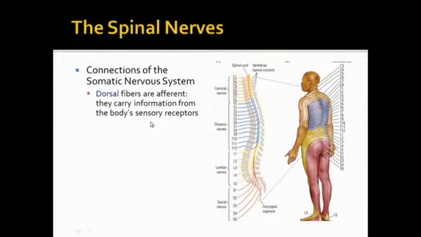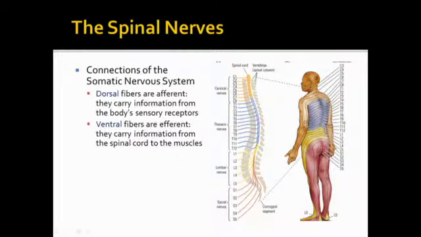You recall, did I teach this already? I feel like I did. The dorsal fibers are the ones that are afferent, so they carry information from the body's sensory receptors into the brain. Every spinal cord segment has a dorsal and a ventral.